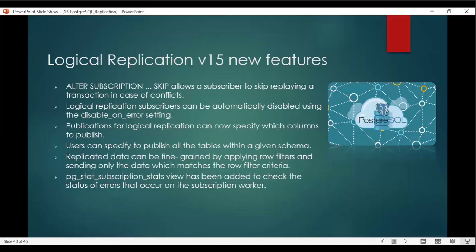There was no specific view to see any errors. They have introduced a new view which captures all the error messages, and you can also check the status of your subscription workers, and if any error is thrown, you can check it from this view. So these are some good new features they've added in logical replication version 15.